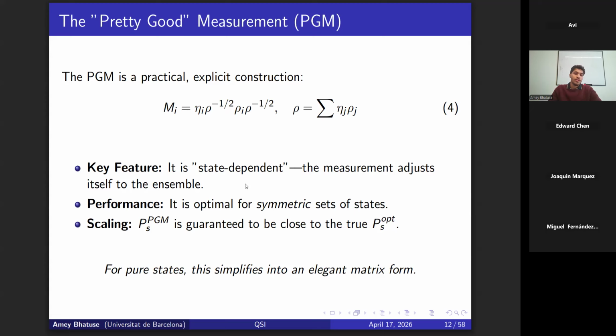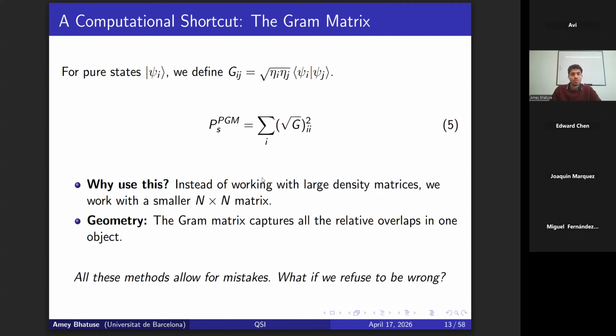And so now let's see for pure states how we can do this, because usually with pure states, we can easily check if the set is symmetric or not. This actually transforms into a very elegant formulation where, let's say you have pure states, then we can define a matrix where each of your elements, ij, is the square root of the multiplication of the priors and the overlap between your quantum states i and j.